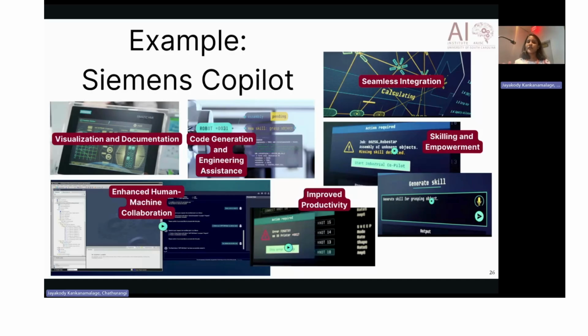And also, whenever a new skill needed to be developed, like assembling an unknown object, a new object that was detected, this Siemens Copilot was able to develop the new skill from scratch, so it was very good in empowering the skills. And overall, it was able to increase the overall productivity at Siemens.